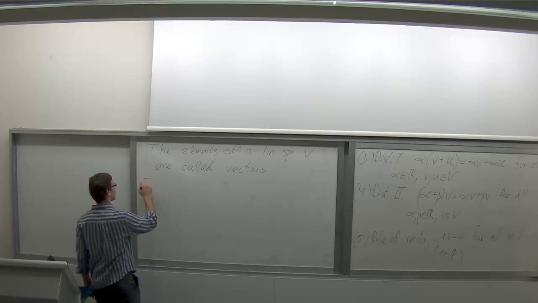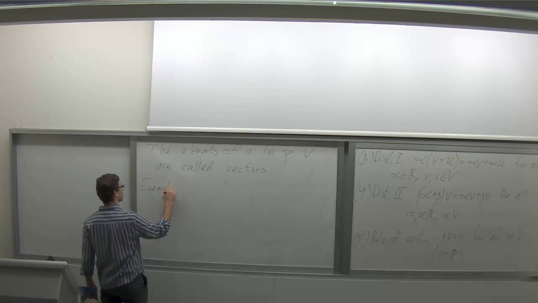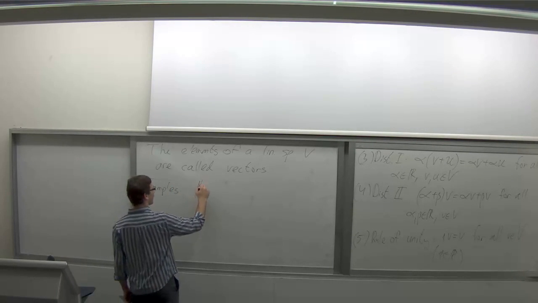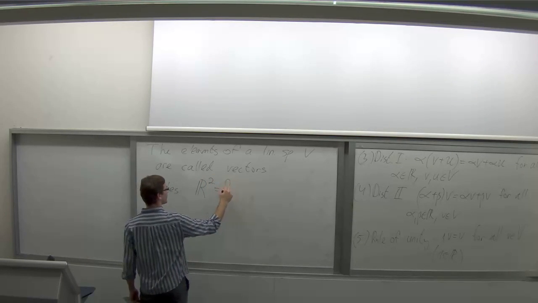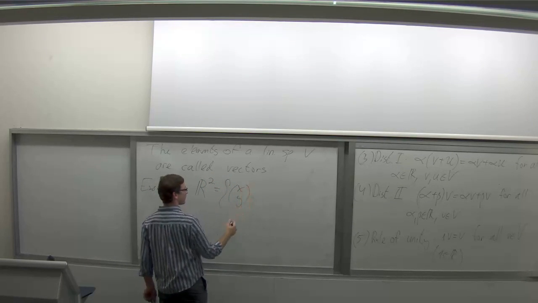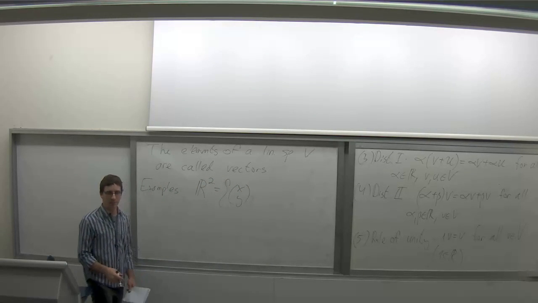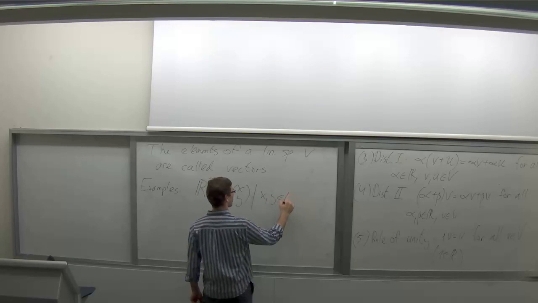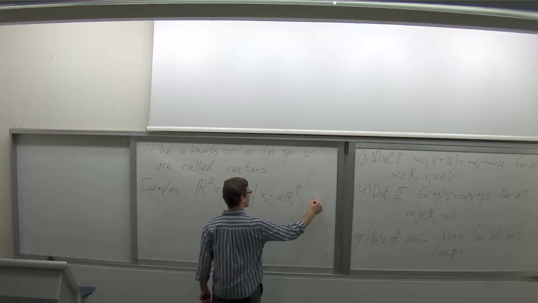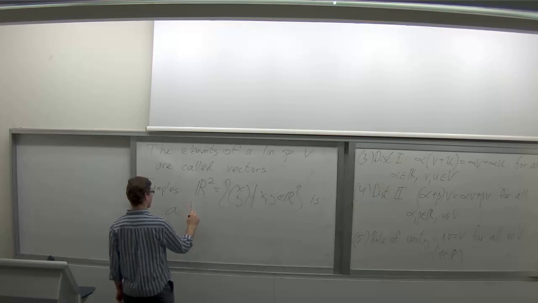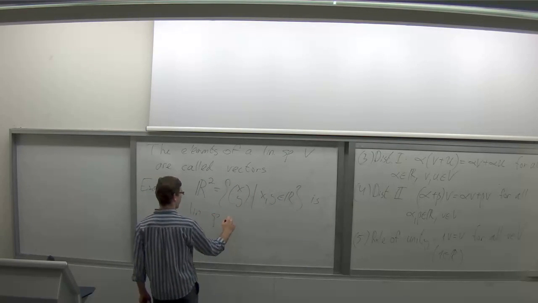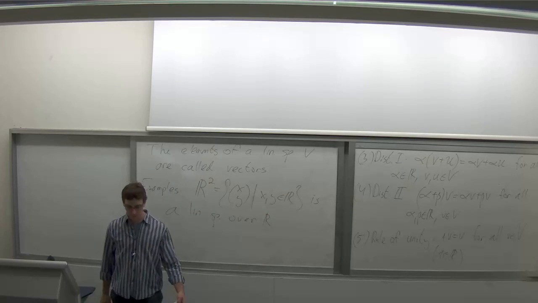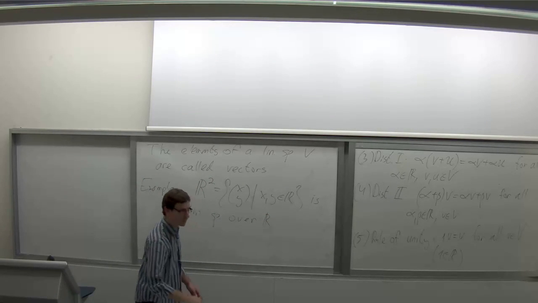Okay, so now examples. R2, the set of all two-element vectors, is a linear space over R. This is part of the general case.